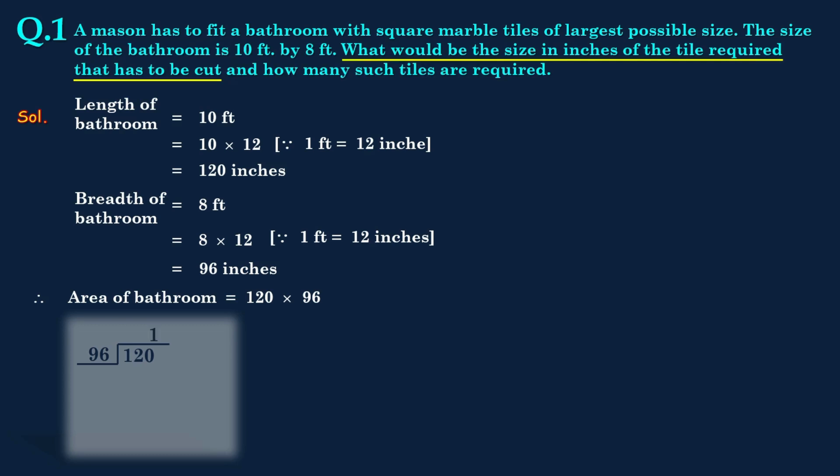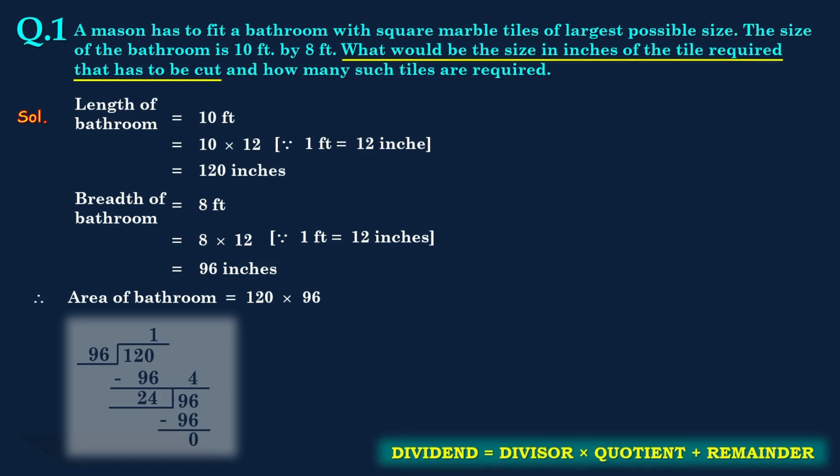Okay. So now do the Euclid's division algorithm over here. So 96 divides 120, and 24 is the remainder. Now 24 will become the divisor and 96 will become the dividend. I hope you remember this Euclid's division. So now there is no remainder, so 24 will be the HCF over here.